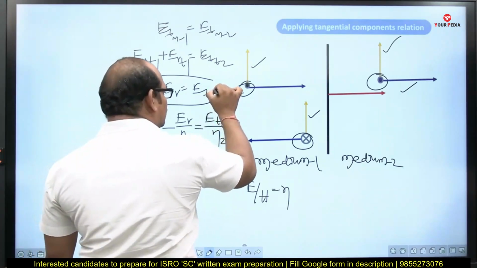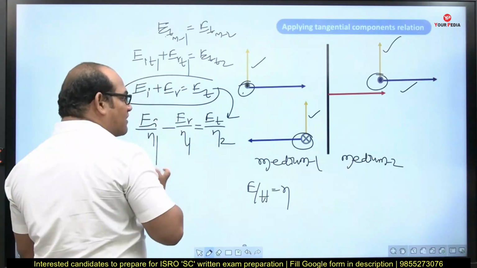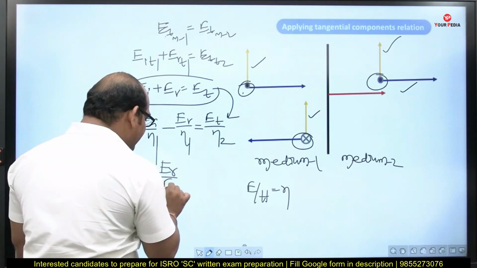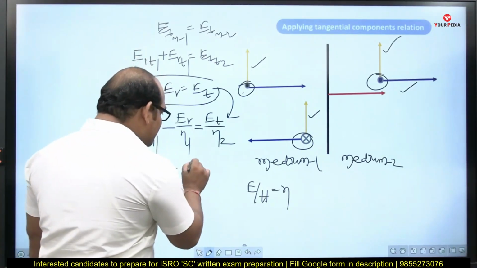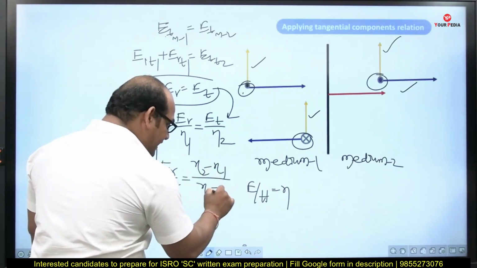Then you replace Et with the first equation, and by rearranging the equations you get the formula for Er by Ei. That is equal to eta 2 minus eta 1 by eta 2 plus eta 1.